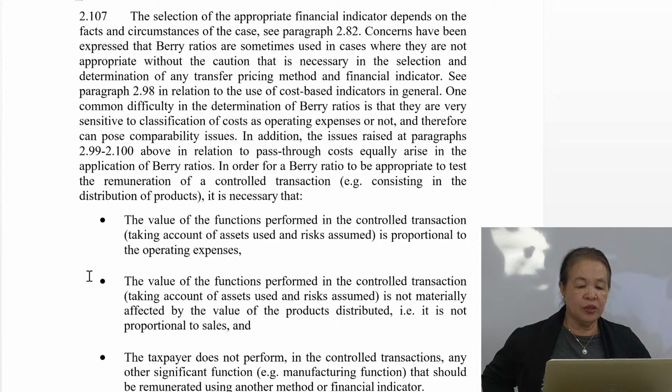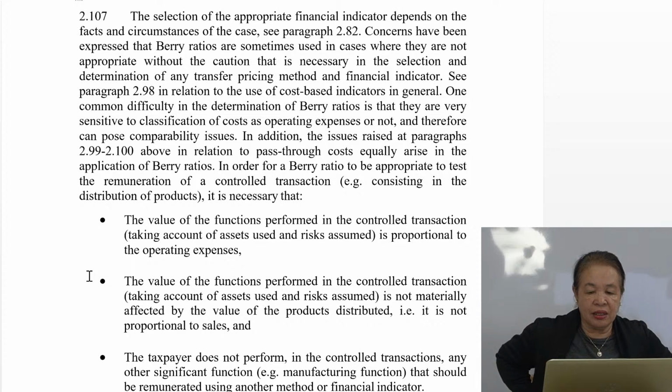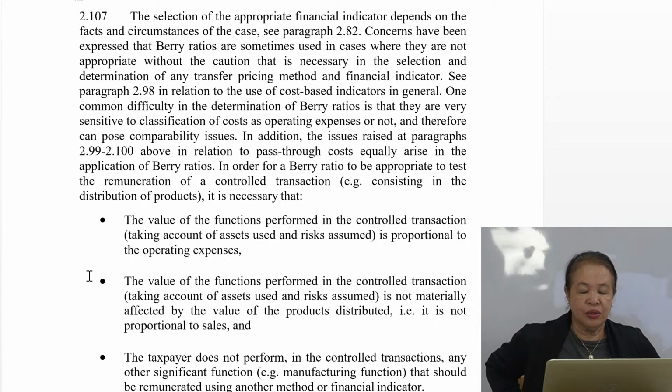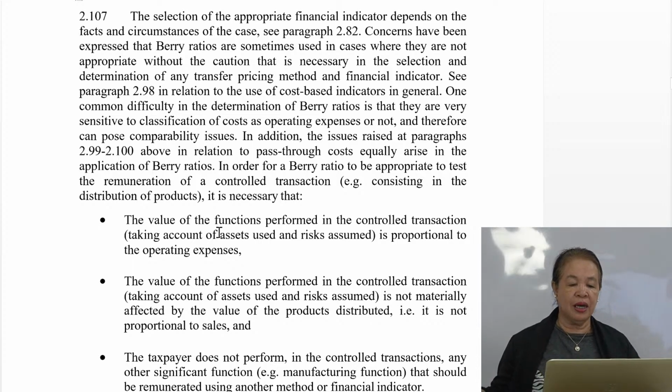One common difficulty in the determination of Berry ratios is that they are very sensitive to classification of cost, of course, as operating expenses or not, and therefore can pose comparability issues. In addition, the issues raised at paragraphs 2.99 to 2.100 above in relation to pass-through cost equally arise in the application of Berry ratios.